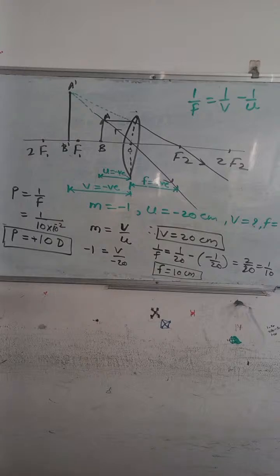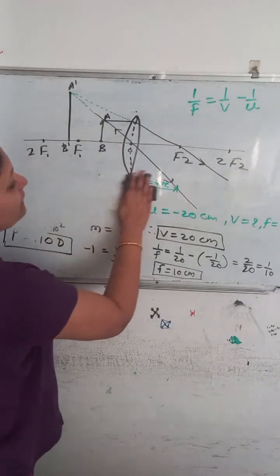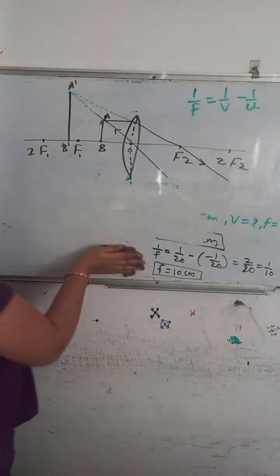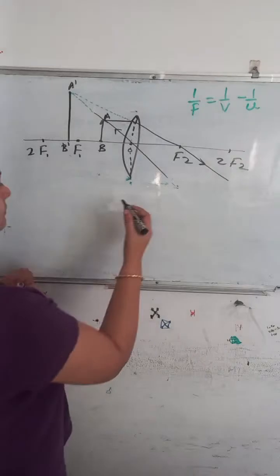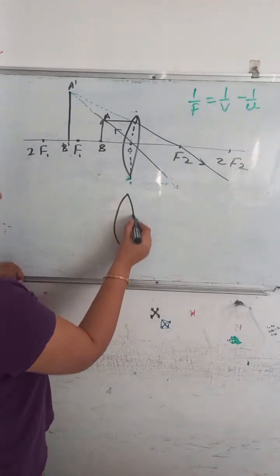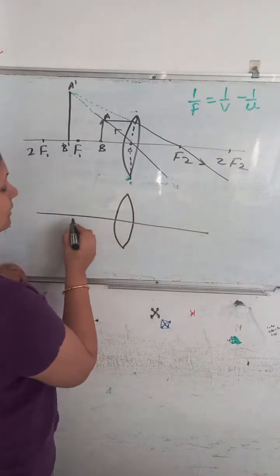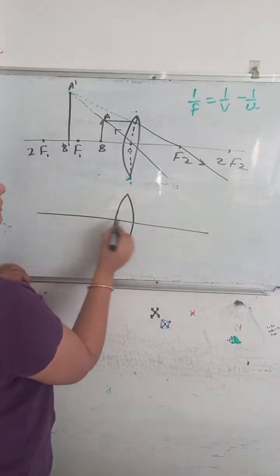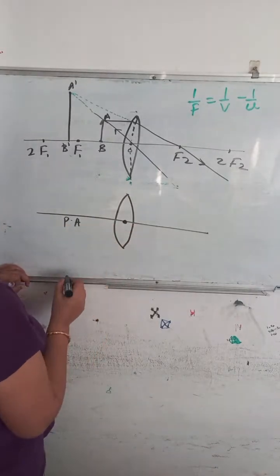If you take this concave lens or here, the convex lens, I will show you. This is the convex lens. This is a line which is passing through this lens. This is nothing but your principal axis, and this is your optical center.